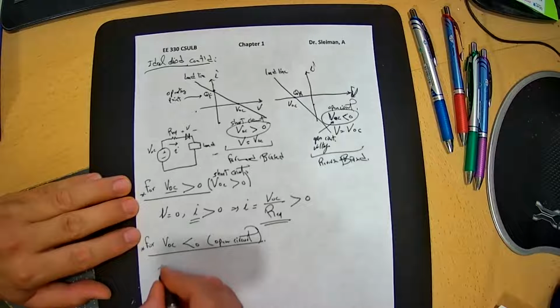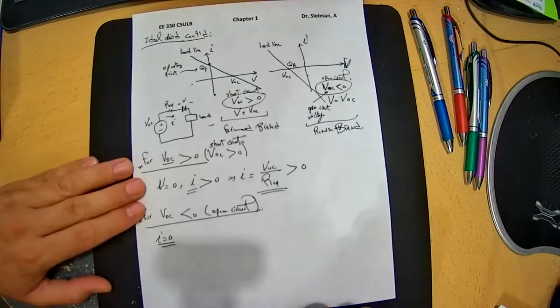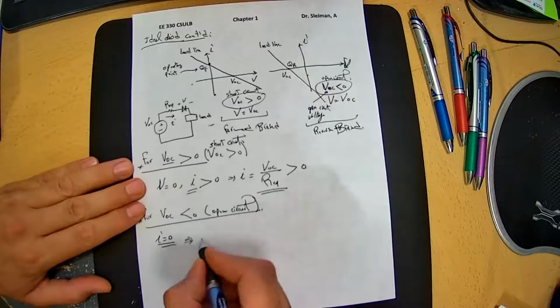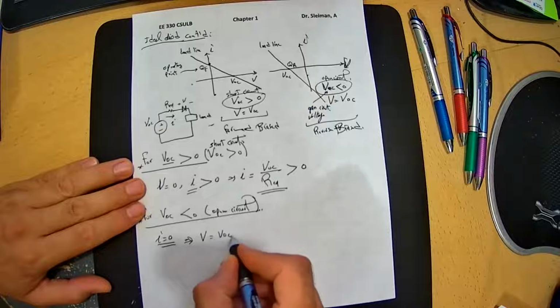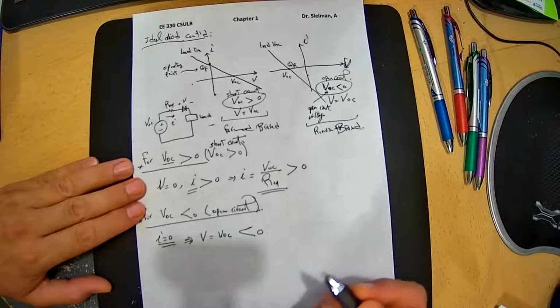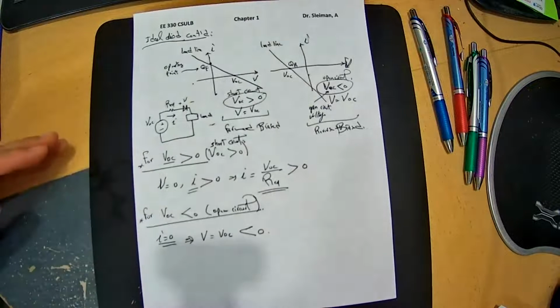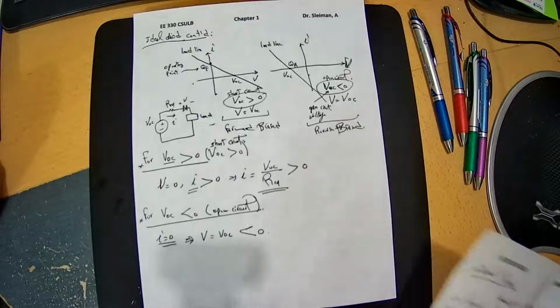What happens here is there is no current running through the diode, and in this case the voltage will match and be less than 0. So most likely this is for the ideal diode. This is what you need to know about the diode.